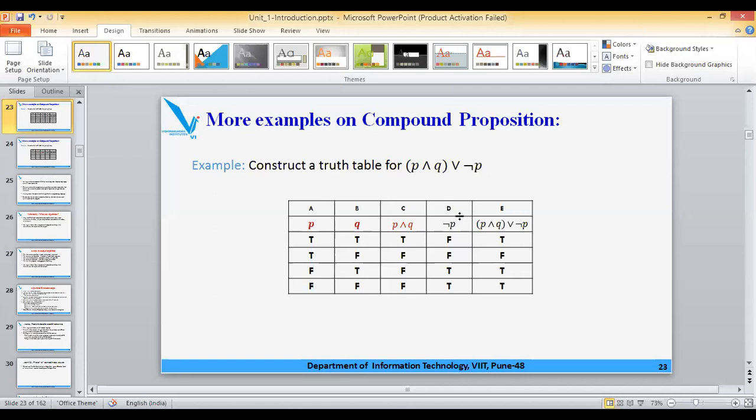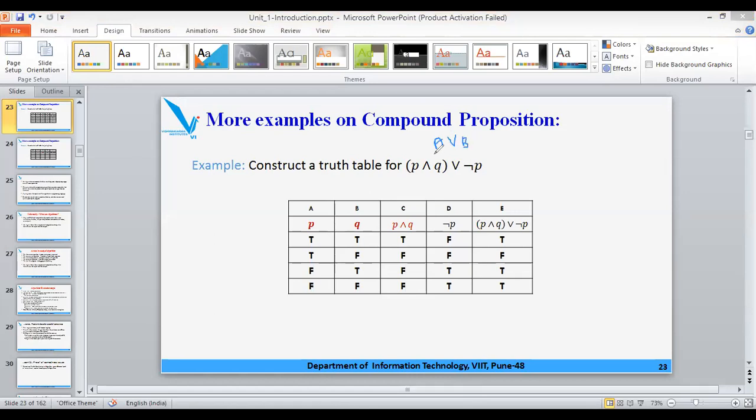Okay, coming to our example: construct a truth table for P and Q or negation of P. Here, always remember that we have asked for the OR of two entities. Let's say this is A or B. What is A?